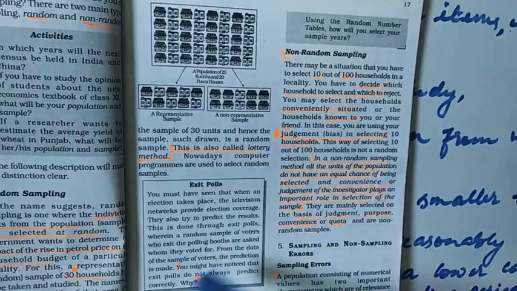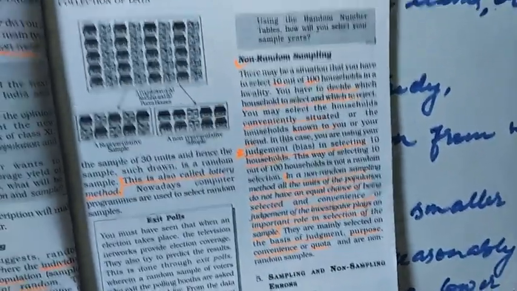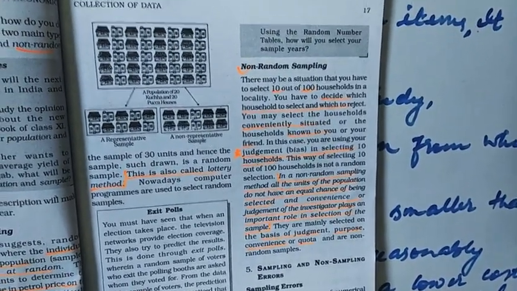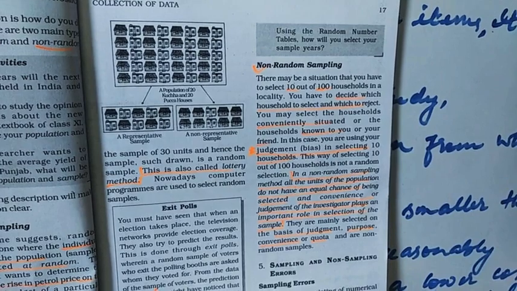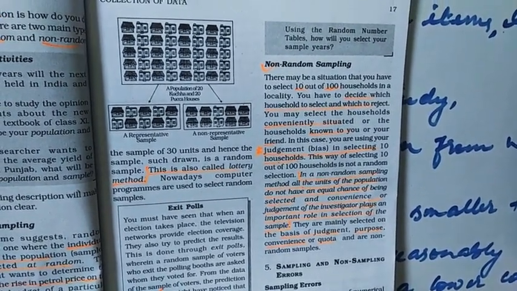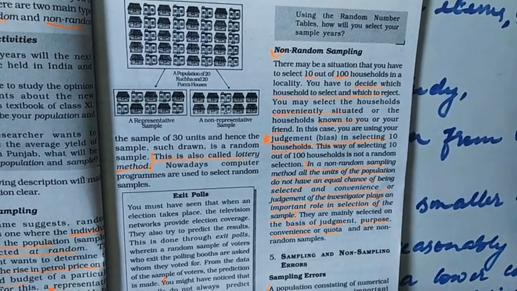And talking about non-random sampling, there may be a situation when you want to find out information about your locality which consists of 100 households.